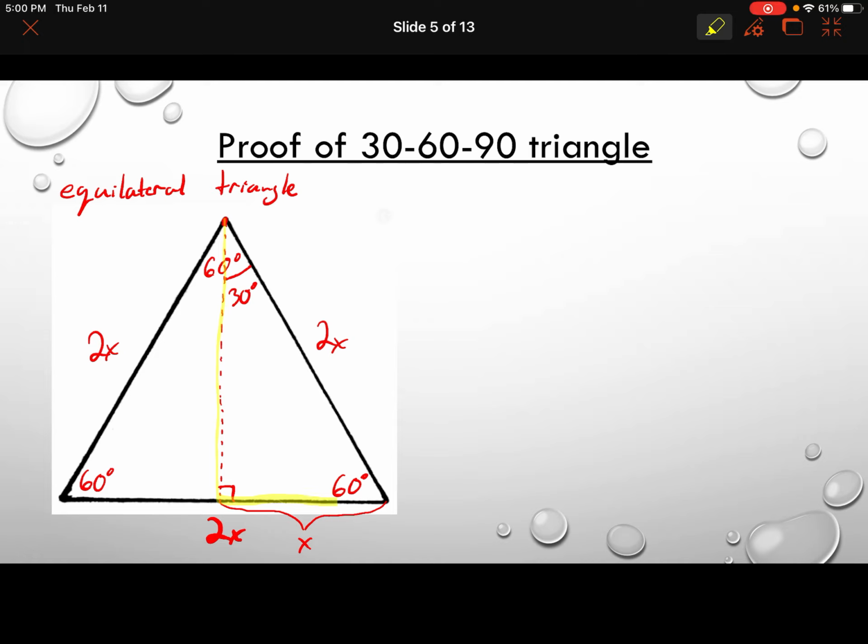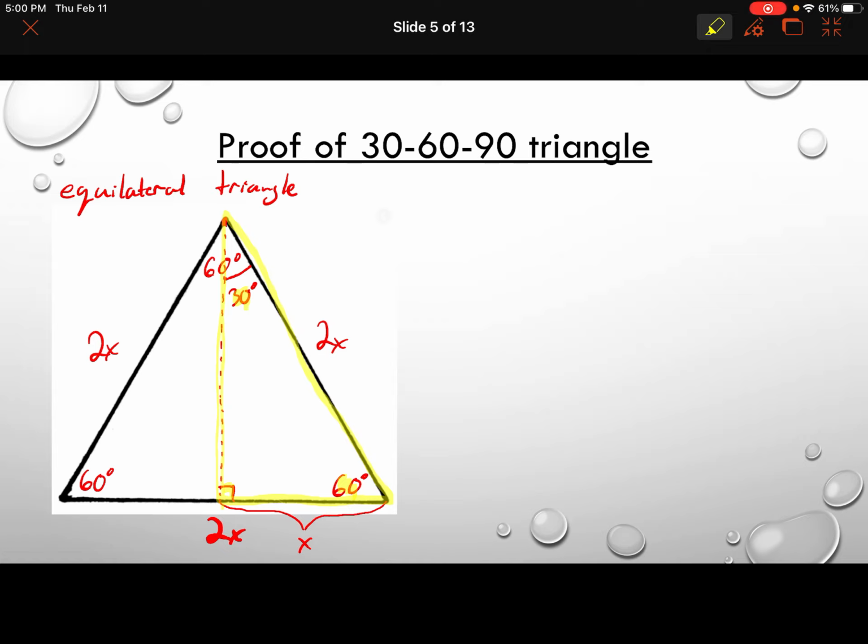We're just going to be focusing on this right triangle. So hopefully now you can see a 30, 60, 90 right triangle. By cutting an equilateral triangle in half, we just created two actual 30, 60, 90 right triangles.